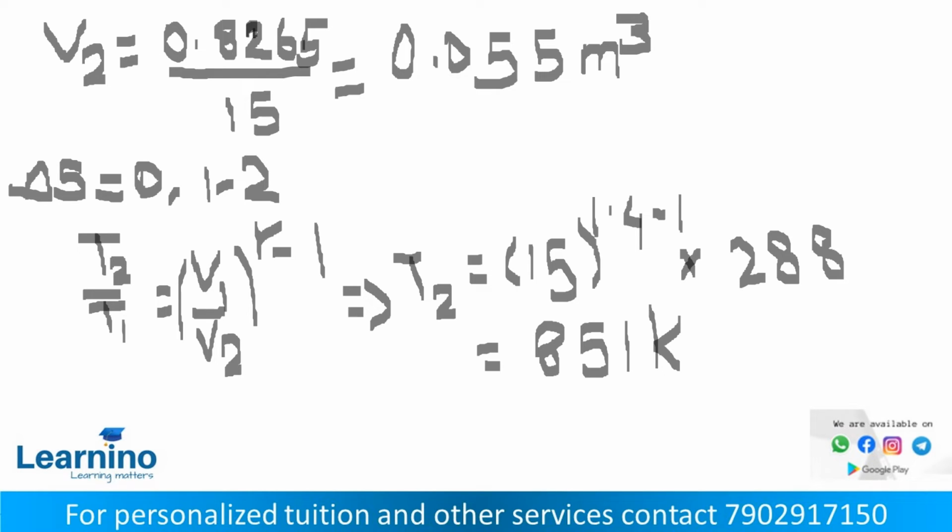Okay. So in isobaric process, that is delta P is equal to 0. Isobaric process, delta P is equal to 0. We know that isobaric process comes in the 2 to 3 stage.